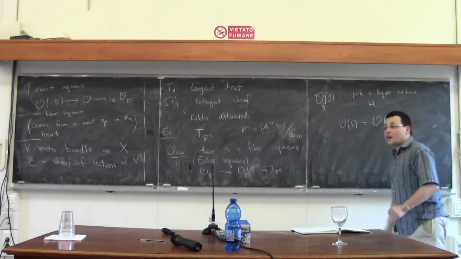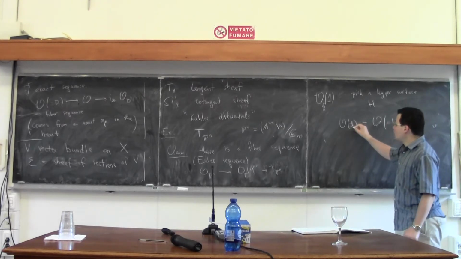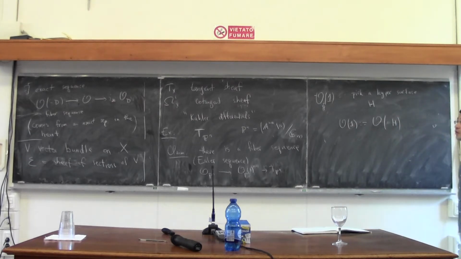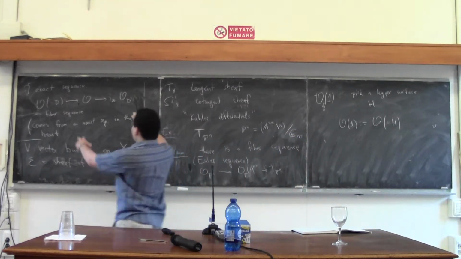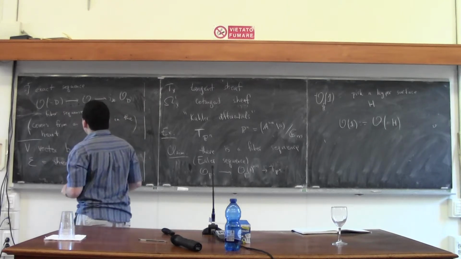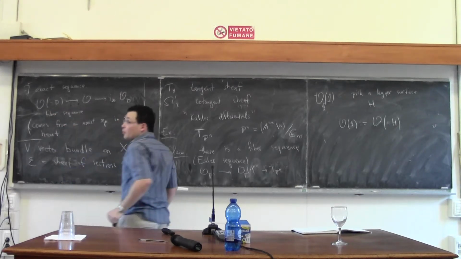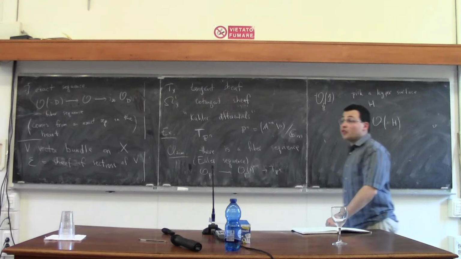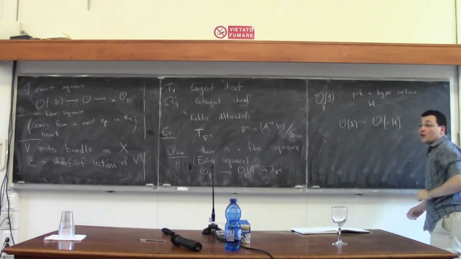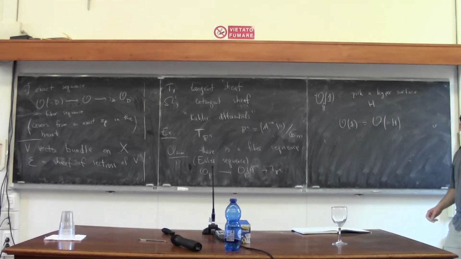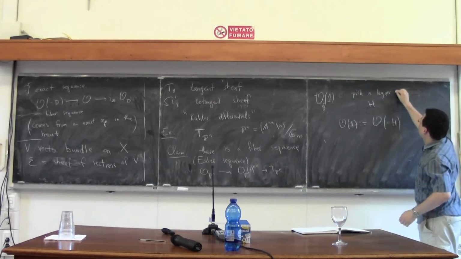As a consequence of this, as a sheaf, this does not depend on it. So the map to O depends on the particular choice of hyperplane, but the underlying sheaf does not. Hyperplane, yes, thank you.